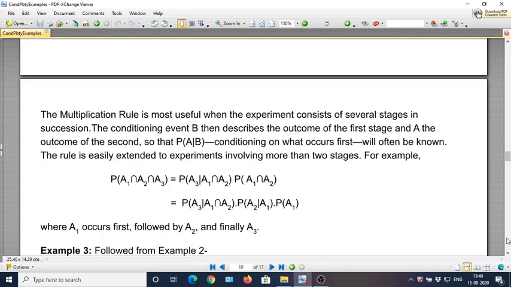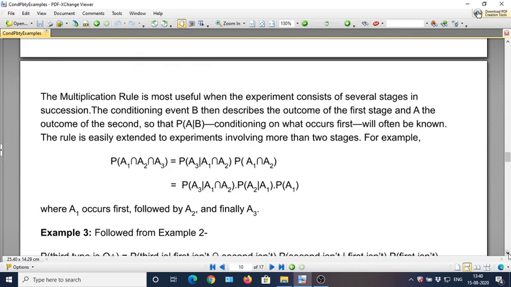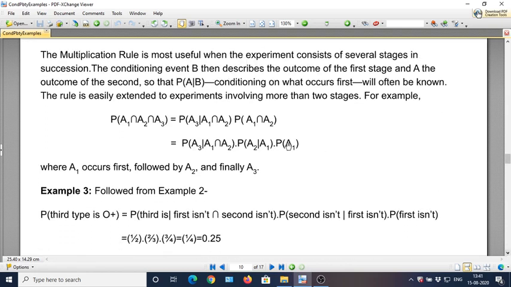Going further, we also saw that this result, P of A1 intersection A2 intersection A3 of 3 events, can be written as probability of A3 given A1 intersection A2, times probability of A2 given A1, times probability of A1.